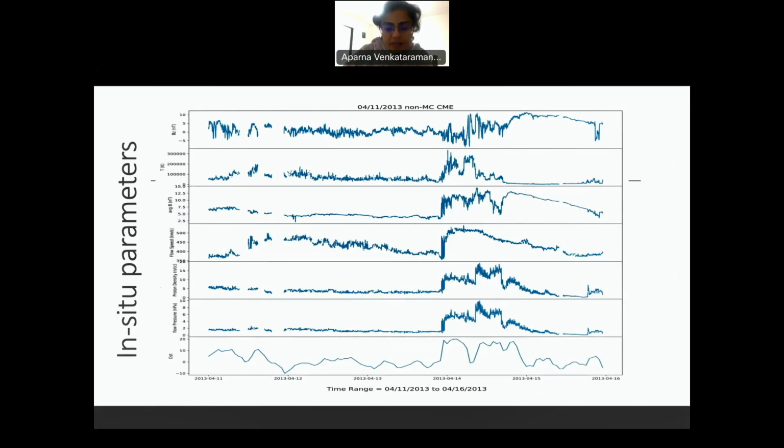And then we compare that with the plasma parameters in situ in the solar wind, obtained using in situ satellites like ACE and WIND. We look for smooth rotation in total B and corresponding changes due to expansion in speed and density and other parameters.